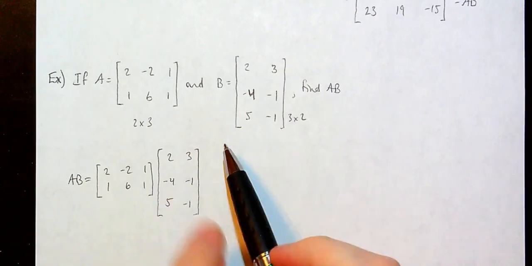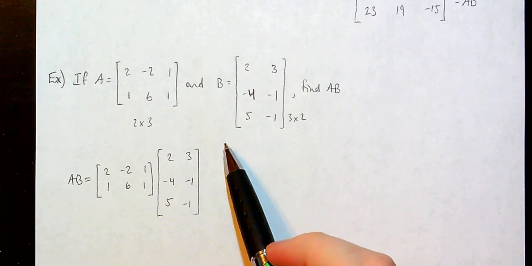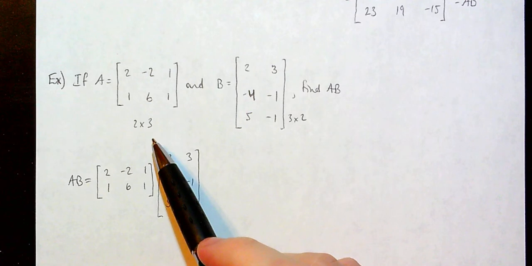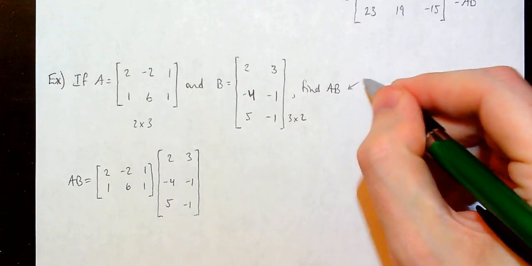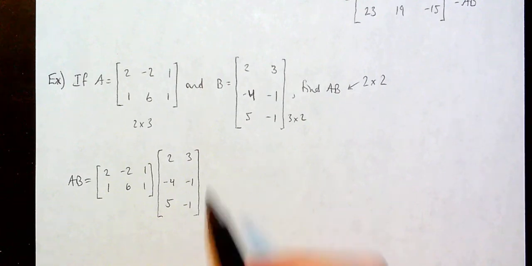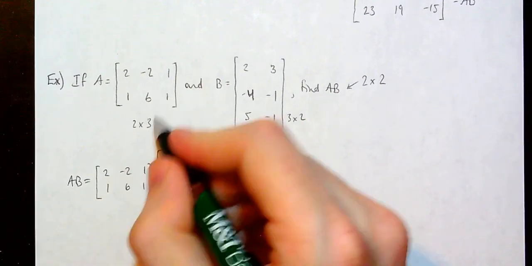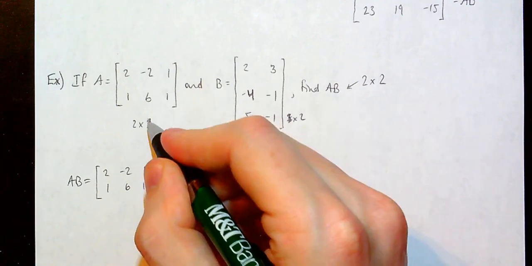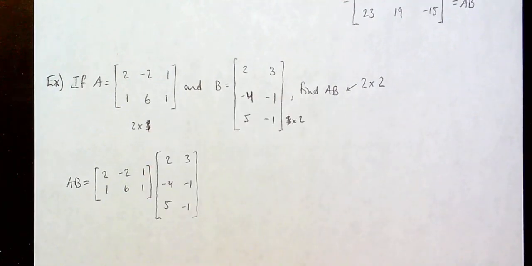So we know from earlier on in this video that our product matrix then should be a 2 by 2 matrix. Because again, it's like we crossed out these numbers. So let's see what we get.